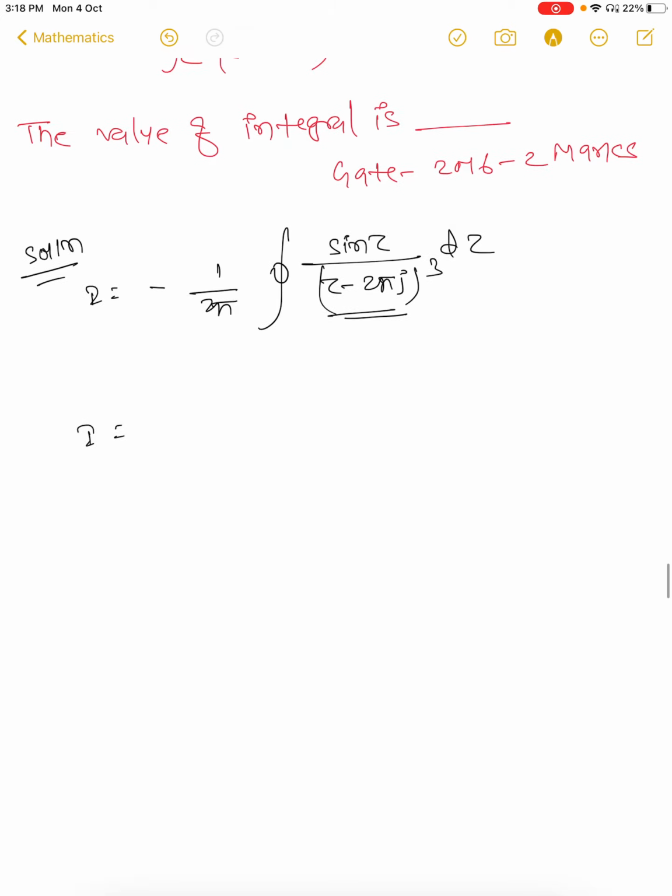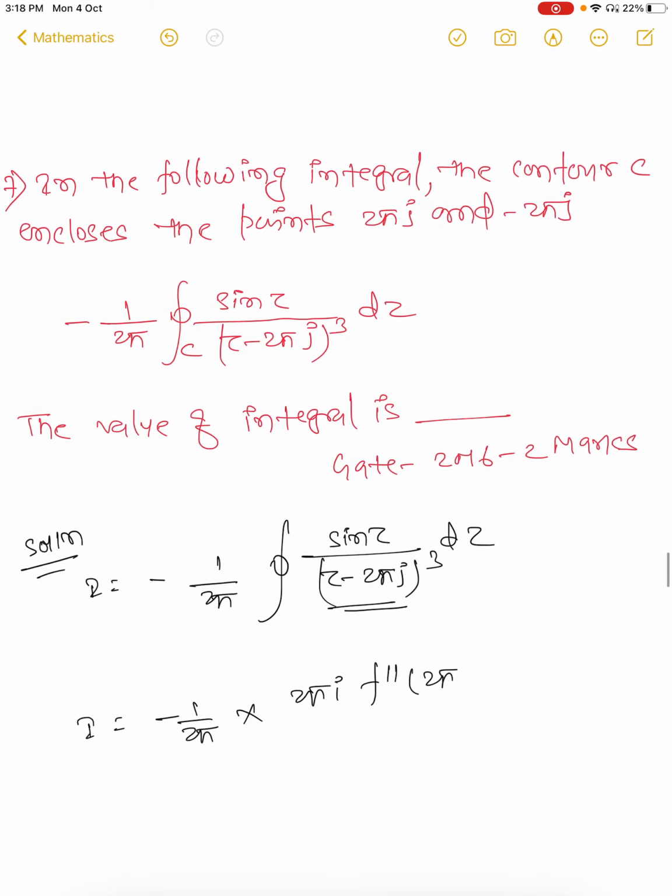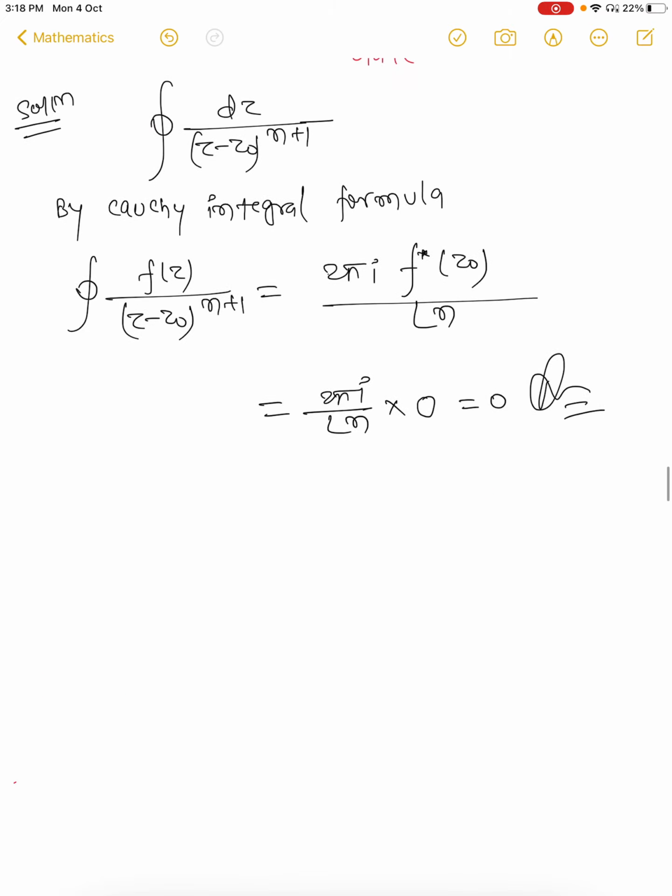So I equals minus 1 upon 2 pi into 2 pi i f double dash (2 pi j) upon factorial 2. Here it will be n, up to n times differentiation.